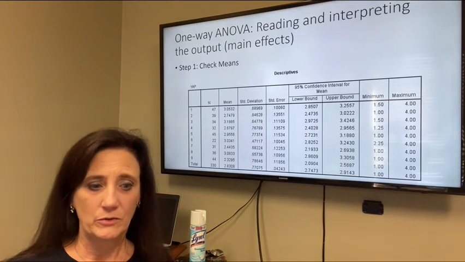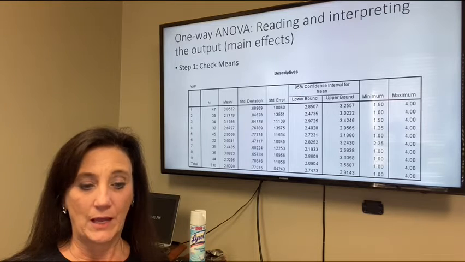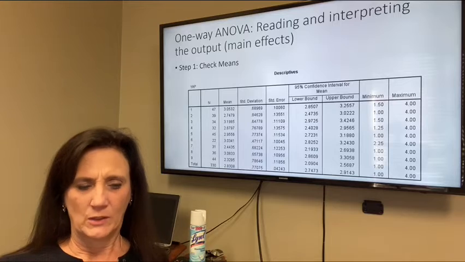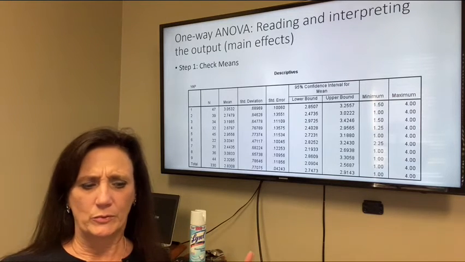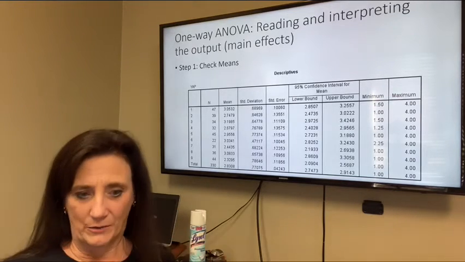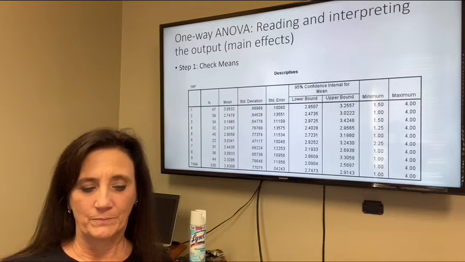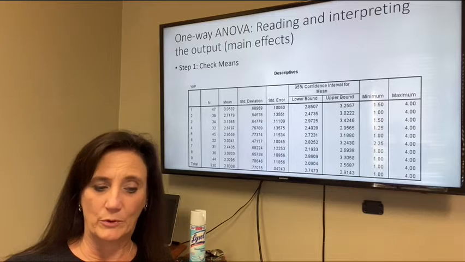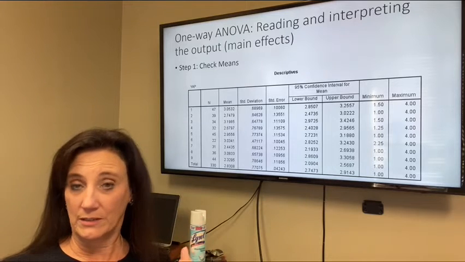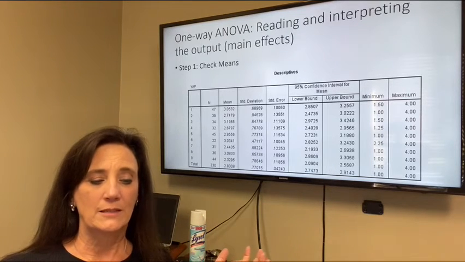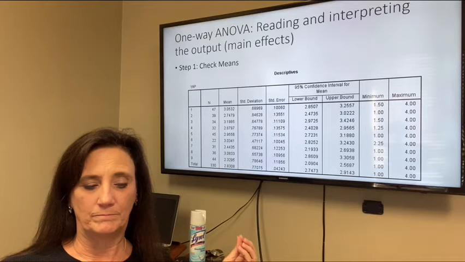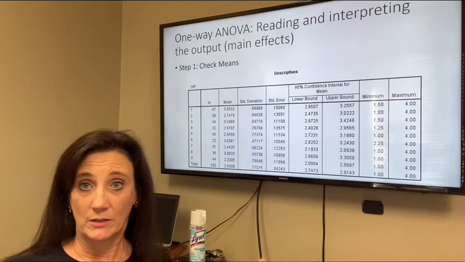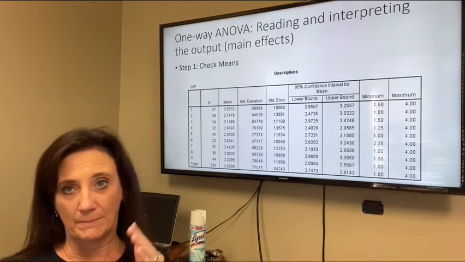Okay, now let's look at the output. One of the first things you want to do is look at the means. Remember back in the power analysis when we were looking at 9 groups? Okay, so what we have here are means for 9 different groups of people who participated in a camp, and we assessed their perception of youth-adult partnership, YAP.